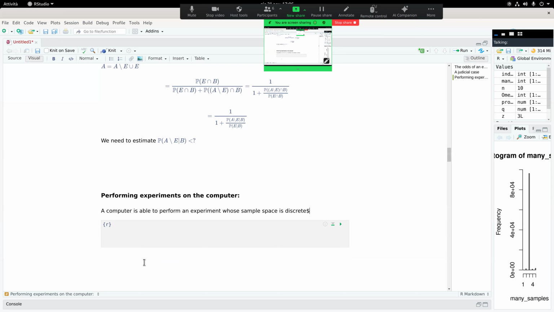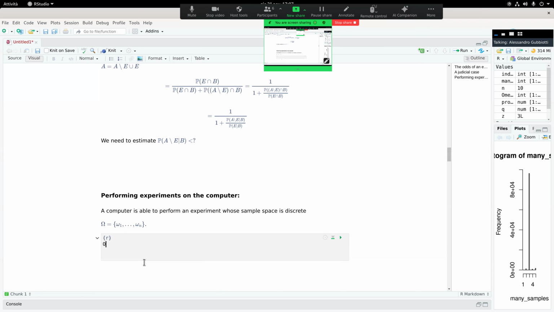So in this case, we will write the usual: omega is equal to the set of outcomes. How does it do this experiment? Well, let's first define omega.